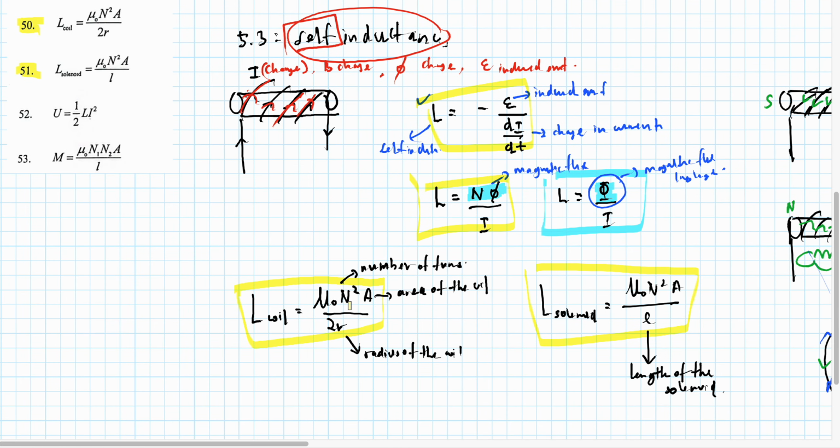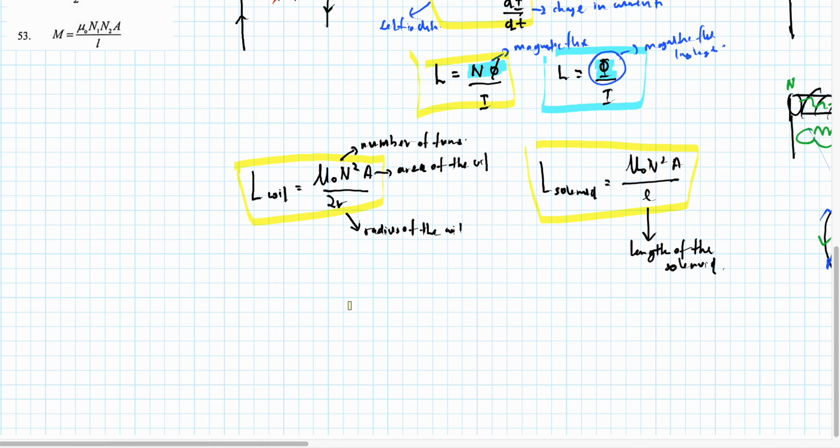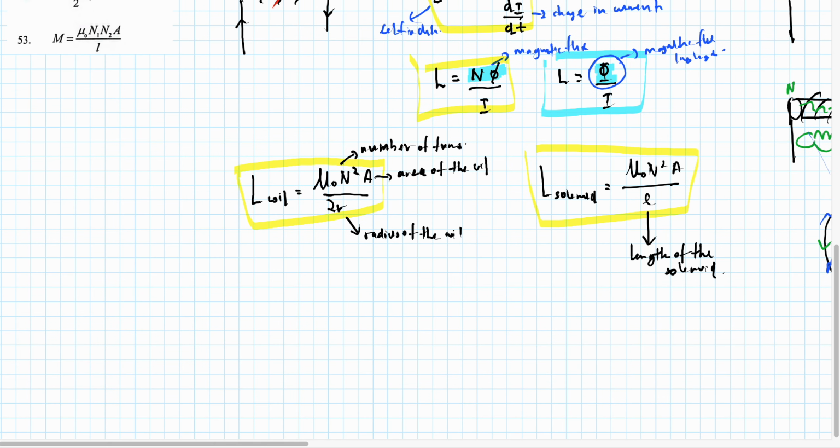Okay, kita teruskan lagi, untuk energy. The next one is for you to derive energy. Learning outcome is derived, tapi most probably tak keluar kot. So this one is a formula untuk energy in inductor. So kita tahu formula dia adalah U equals to 1/2 Li squared. So this one is the general formula lah.